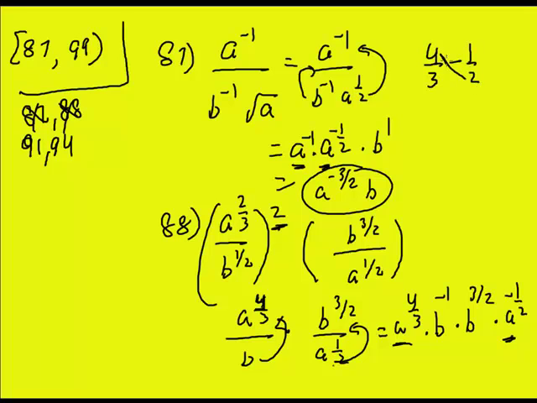So let's do that using the ancient Indian secret here. That's going to give me 8 minus 3, which is 5 on the top, multiply the bottom, so it's going to give me 6. So now my a will have a power of 5/6. Of course, b to the -1 times b to the 3/2 is going to give me b to the 1/2, and that's it.